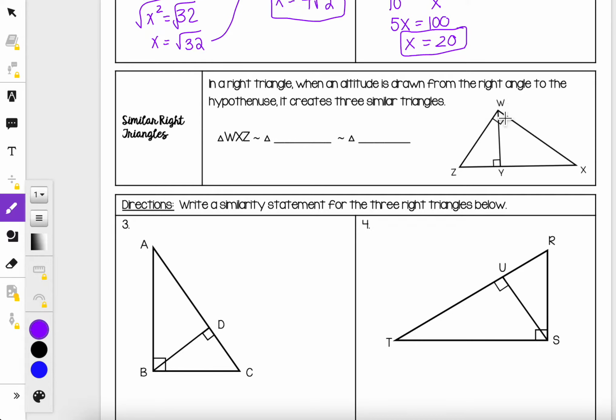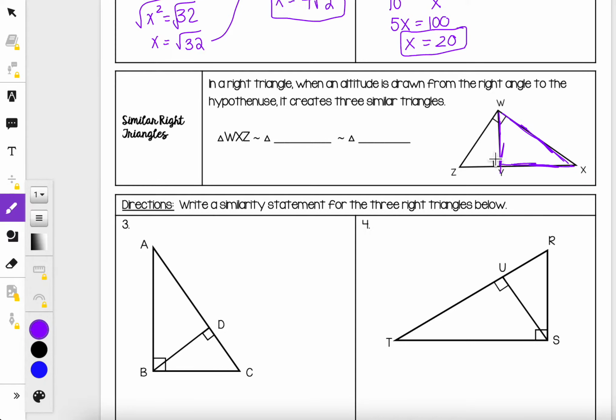So if I have this triangle WXZ, I'm starting at my right angle, going down my long leg to my hypotenuse. This triangle is going to be similar to, let's start with the larger of the 2 right triangles that are formed.